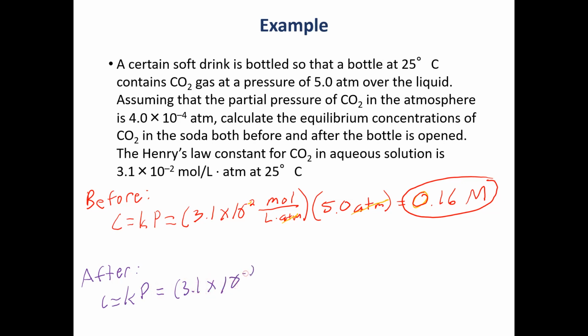We're still dealing with the same gas and still at the same temperature. But now we have a partial pressure of 4.0 times 10 to the negative fourth atm. So if we multiply 3.1 times 10 to the negative 2 times 4.0 times 10 to the negative 4, we come up with 1.2 times 10 to the negative fifth molar.